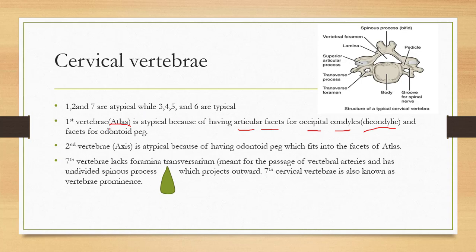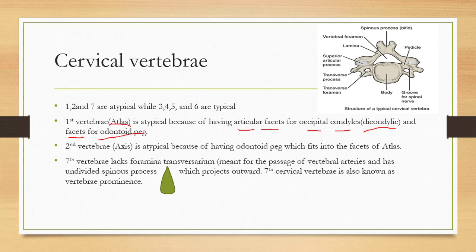And there are 2 occipital condyles. That's why our skull is dicondylic. So the first vertebrae atlas has those curves or depressions for holding those occipital condyles. So that's why it is atypical or different from the others.